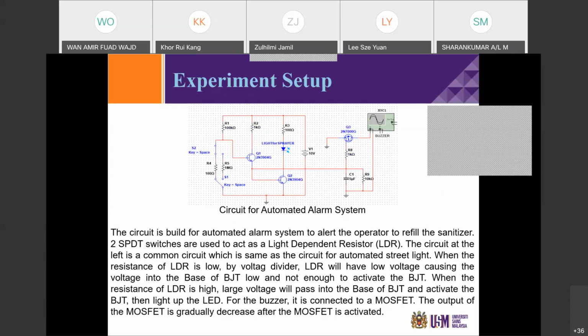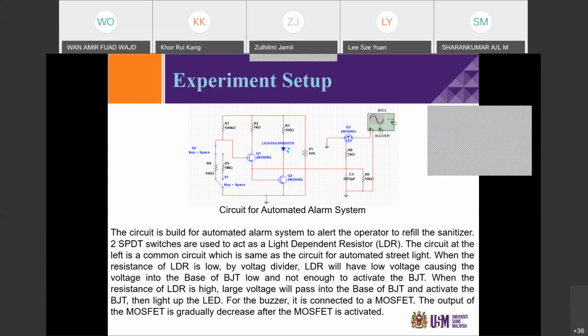Then for the circuit for the automated alarm system, the circuit is built to alert the operator to refill the sanitizer. Two SPDT switches are used to act as an LDR. The circuit at the left is a common circuit, which is the same as the circuit for an automated street light.